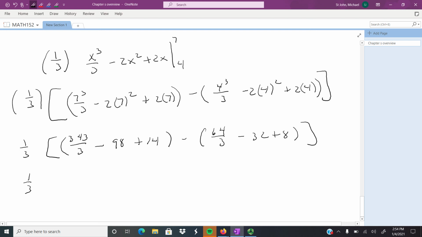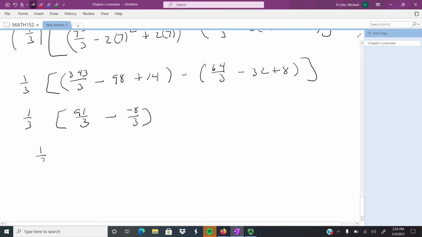If I simplify the first part, we end up with 91 over 3, and the back part simplifies to minus 8 over 3. So this is 1/3 times 99 over 3, which is 99 over 9, and we end up at 11 for my average value.